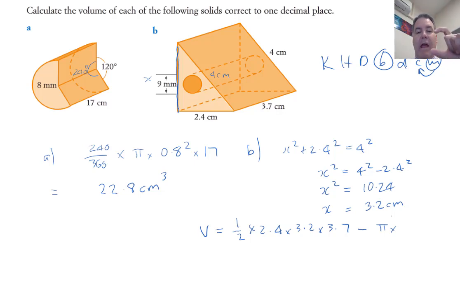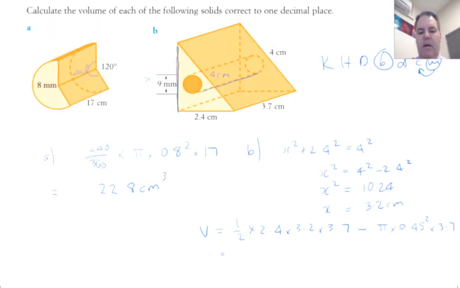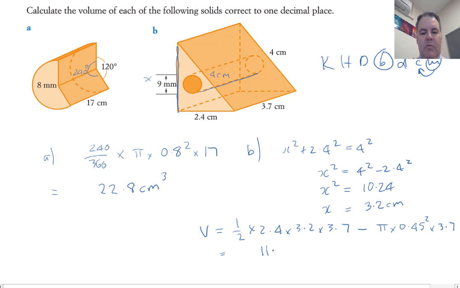Okay, so the actual radius is 1/2 of that, 4.5 millimeters, or 0.45 centimeters. So pi r squared times the height, and in this case the height of the cylinder is just the length of the cylinder, which is just 3.7. So let me get my calculator out, and I get 11.85 centimeters cubed. There we go.